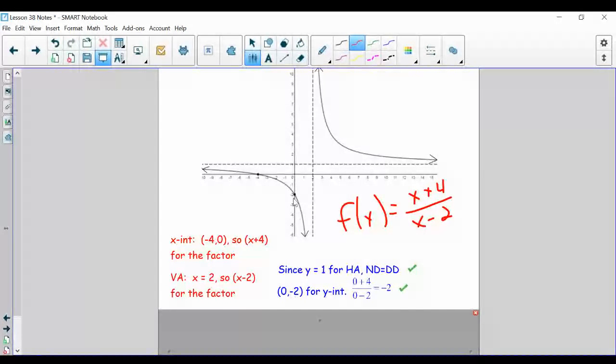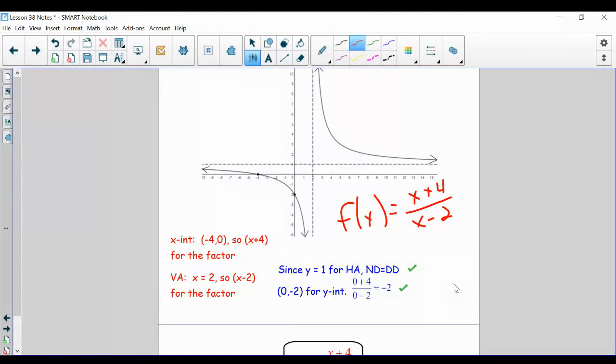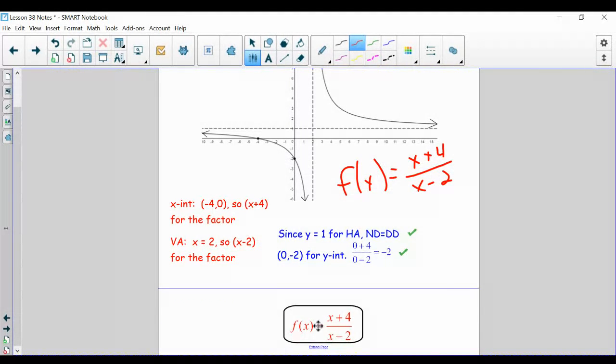So then let's see if our y-intercept fits. If I plug 0 in for the x's here, I would have 0 plus 4 over 0 minus 2, so -2, which is what it's supposed to be. So my equation then would be f of x is equal to x plus 4 over x minus 2. Let's do another one.